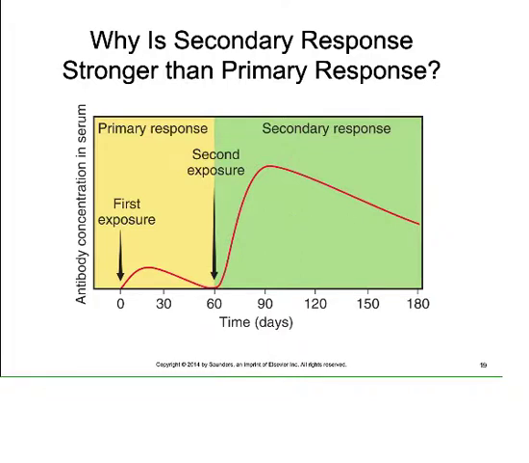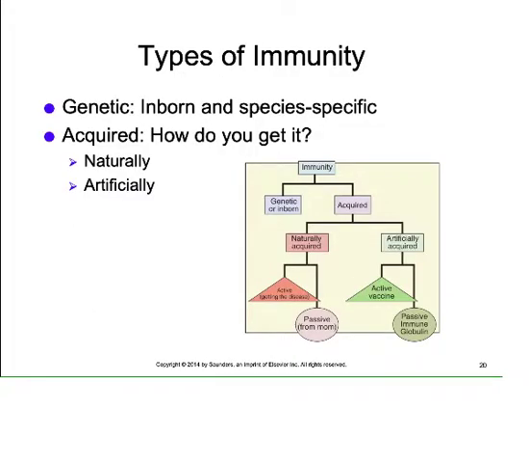And this is one of the reasons why frequently, if you were extremely sick as a child, but were able to recover from childhood diseases using the immune system, you tend to be relatively healthy as an adult because of this phenomenon known as memory. Okay? And these memory cells stay with you basically your whole life.